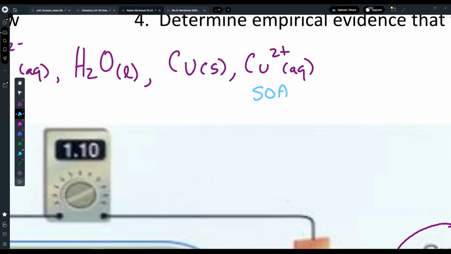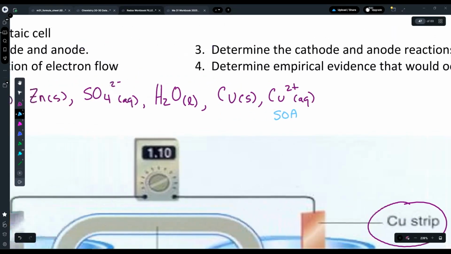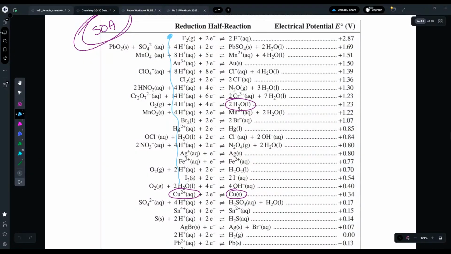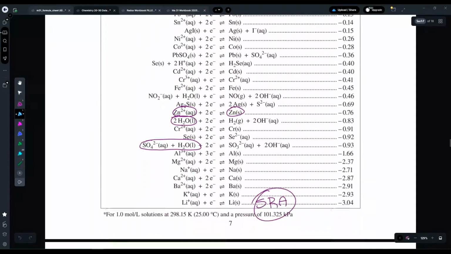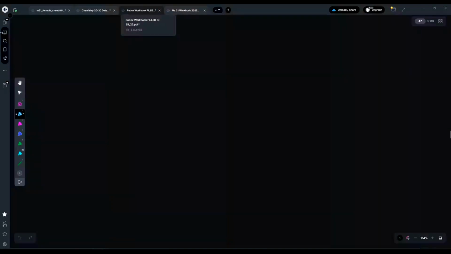Then for my SRA, or strongest reducing agent, I put my finger at the very bottom right-hand corner and trace up. The first species I run into on the right-hand side, where all the reducing agents are, is zinc solid. So that's going to be my SRA.